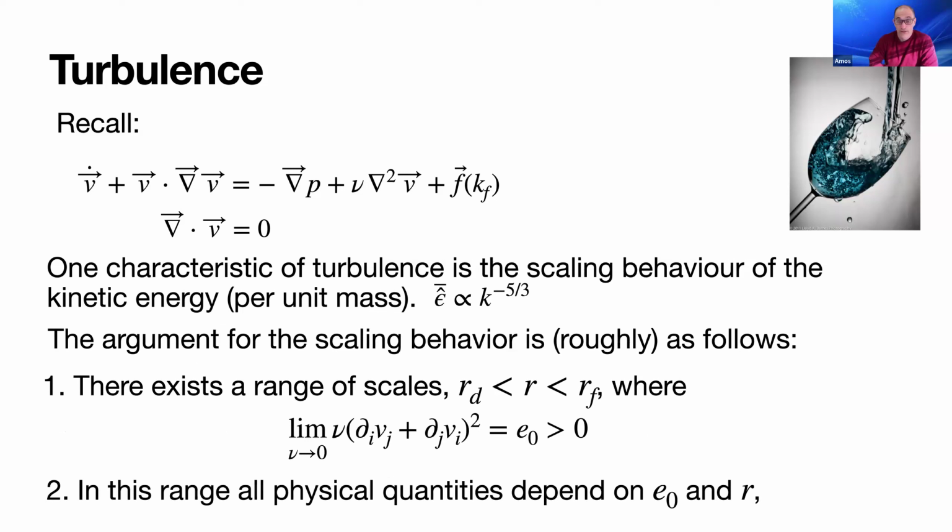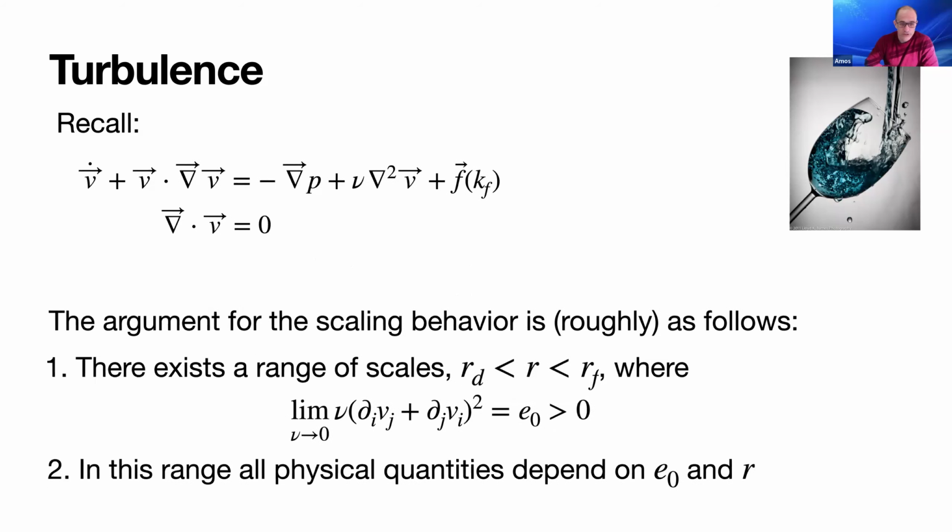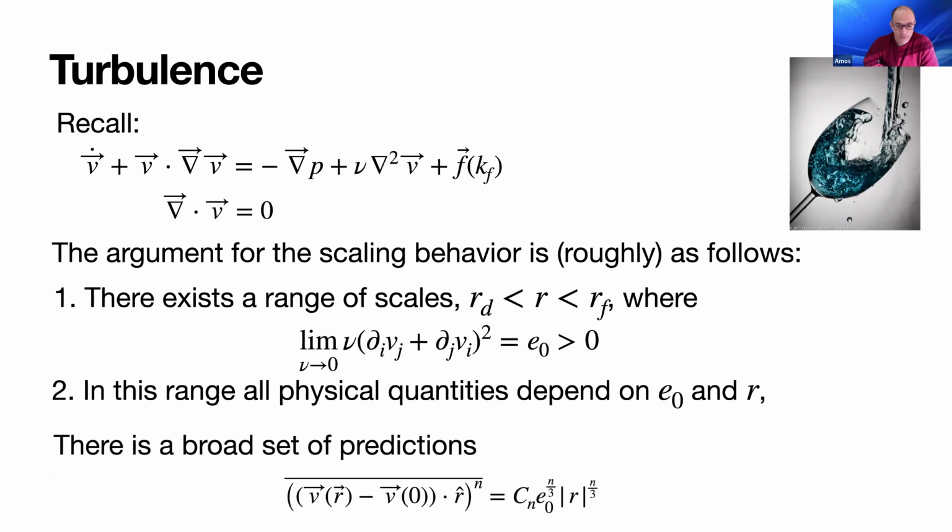Any quantity that we look at we should be able, by dimensional analysis, to say how it depends on these two parameters. So, for example, if we look at some nth power of the velocity difference and we ensemble average it, then we're going to get this behavior here.